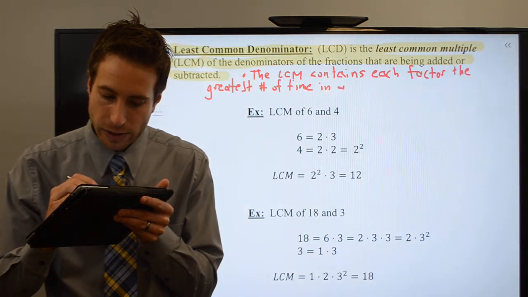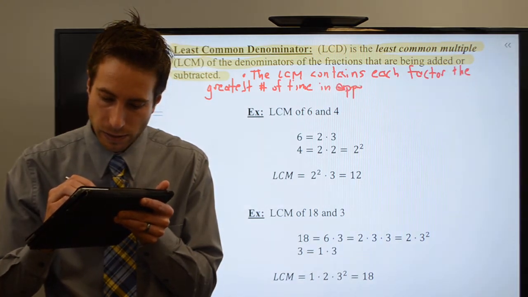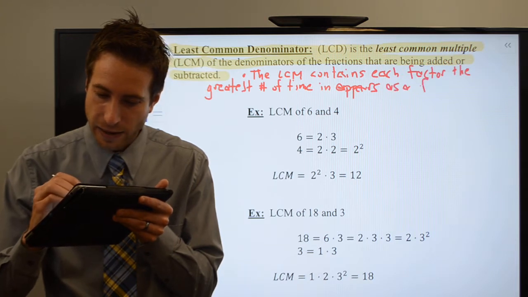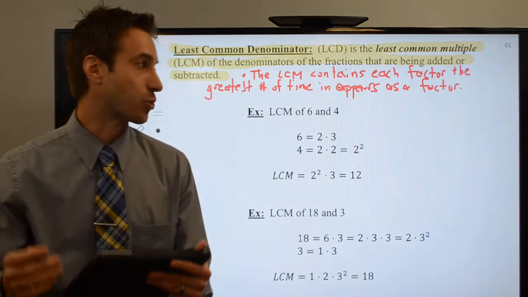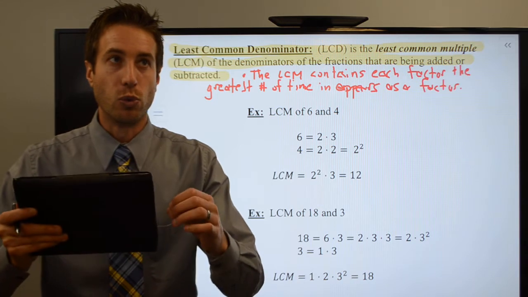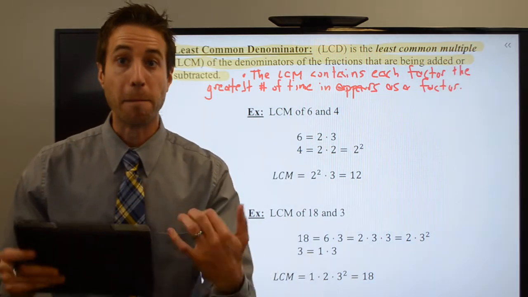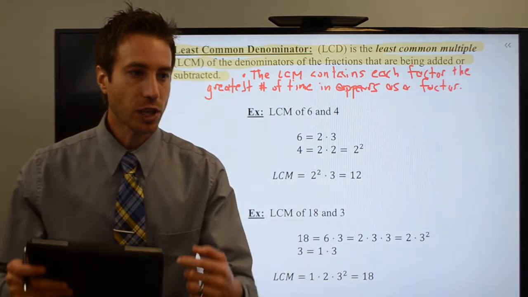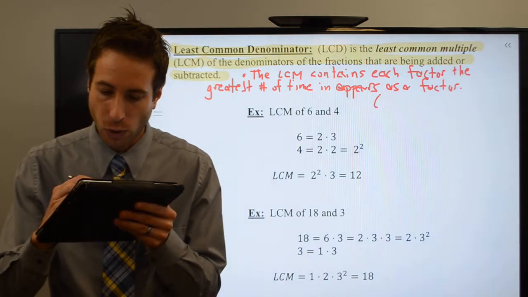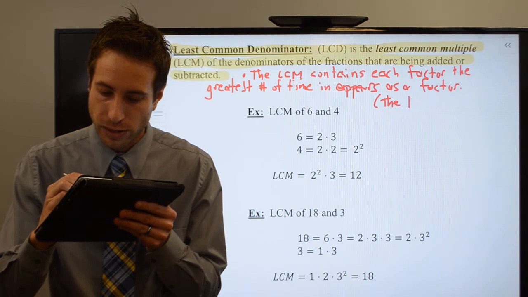Essentially, here's what that means. That simply means if the factor shows up more than once, you're going to keep whichever one has the highest power. So you're going to be looking for the largest power.